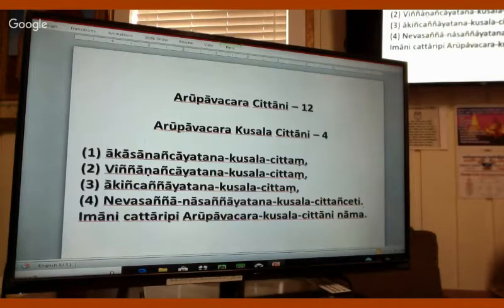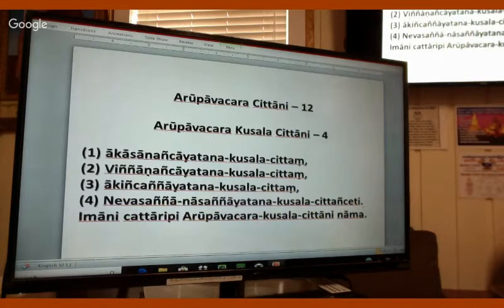So this is according to the Pali. Number 1 is Akasanancayatana wholesome consciousness. Number 2, Vinnanancayatana wholesome consciousness. Number 3, Akincannayatana wholesome consciousness. And number 4, Nevasannanasannayatana wholesome consciousness. Imani, these are the consciousness.